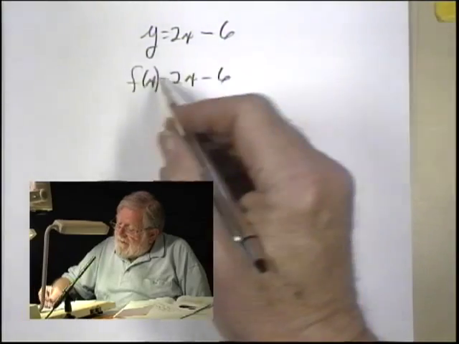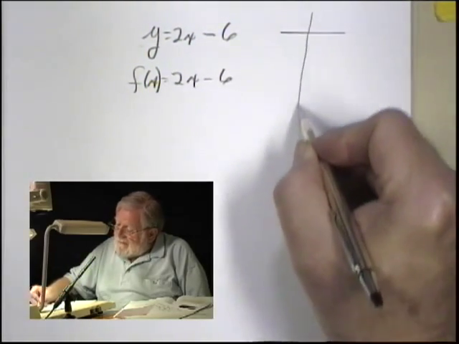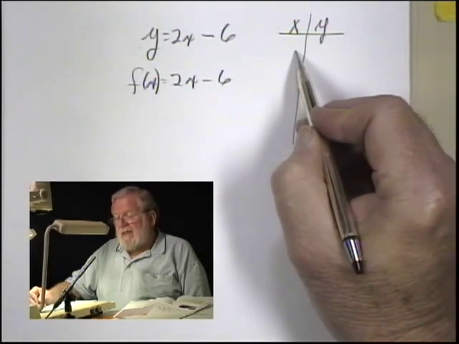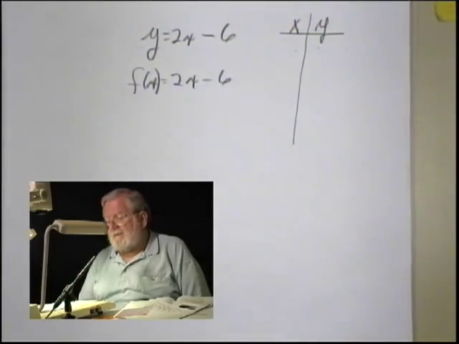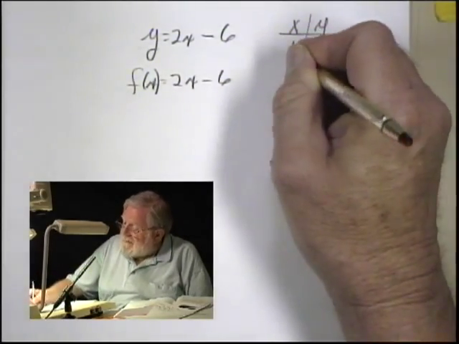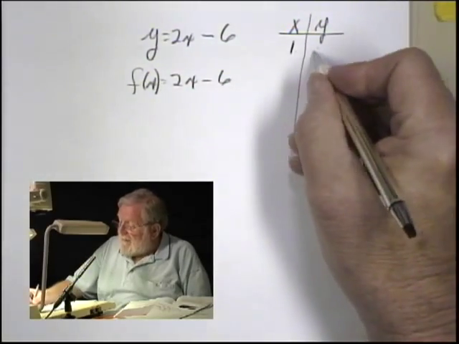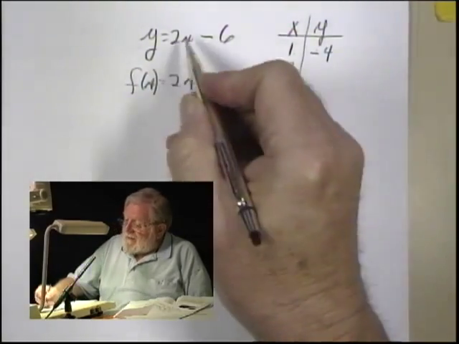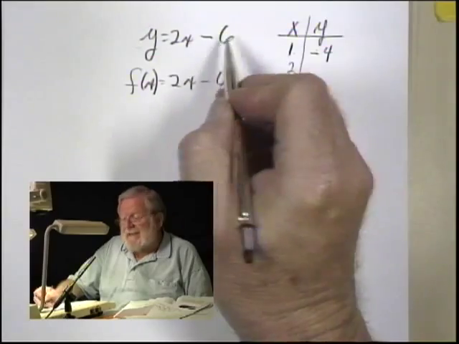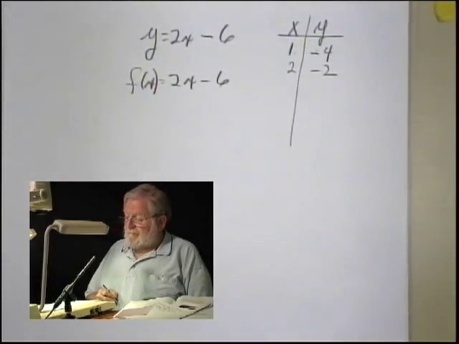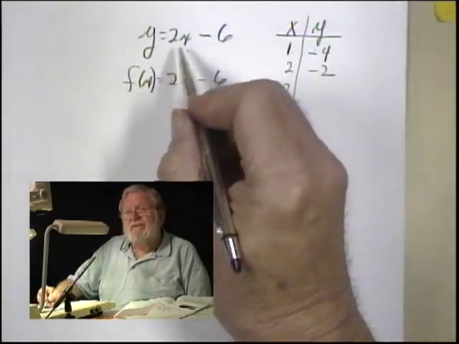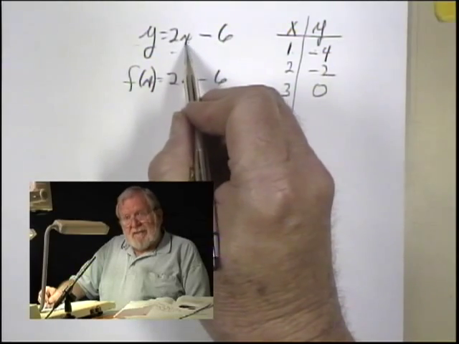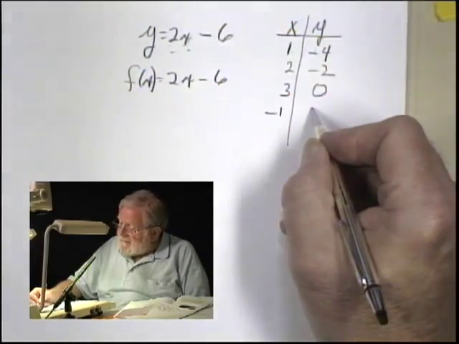Remember, we generate our ordered pairs by making a table, and we assume values for x and calculate values for y. We already did this for 1. x equals 1, y was minus 4. If x equals 2, we'd have 2 times 2 is 4, minus 6 is minus 2. If it's 3, we'd have 2 times 3 minus 6 is 0. If it's minus 1, we'd have 2 times minus 1 is minus 2, minus 6 is minus 8.